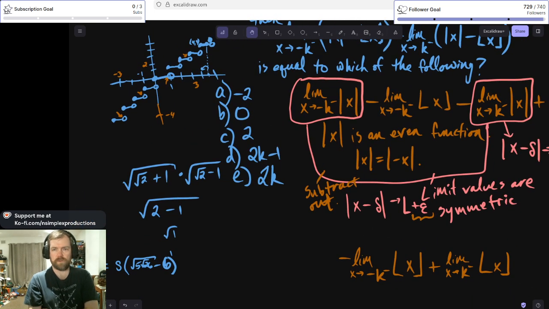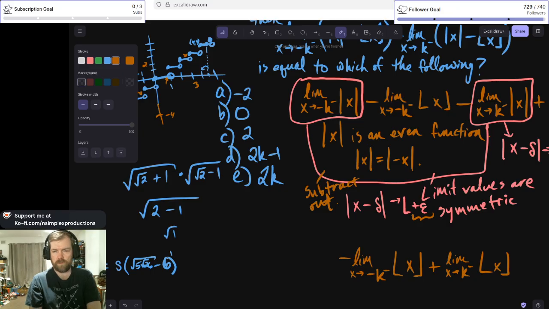So for k, what is then going to be the negative limit of floor x plus limit of floor x, with x going to k from the negative direction and x going to -k from the negative direction?